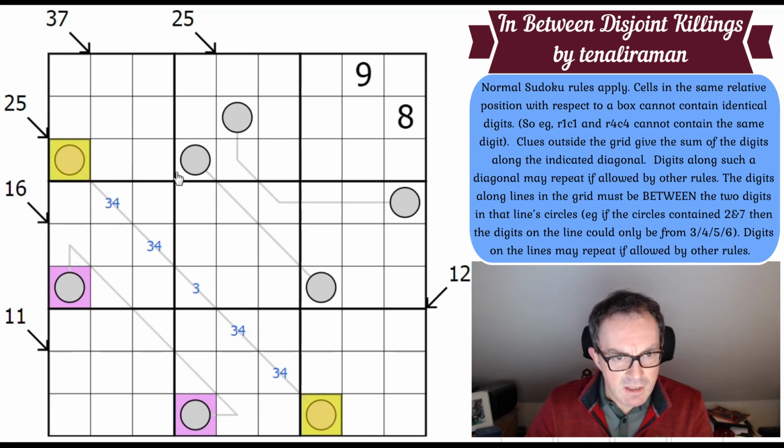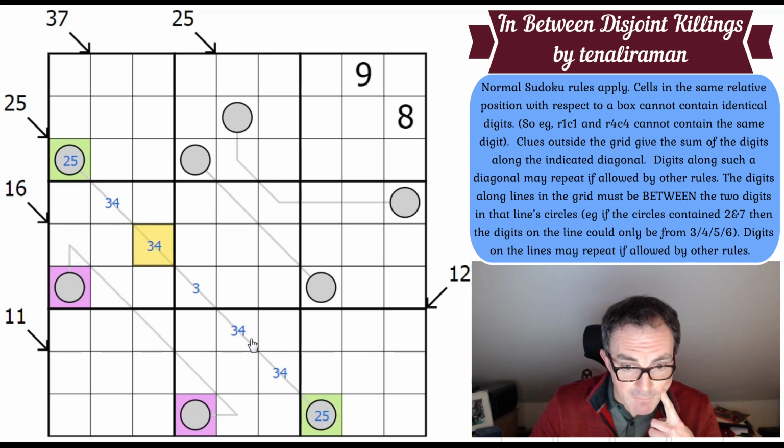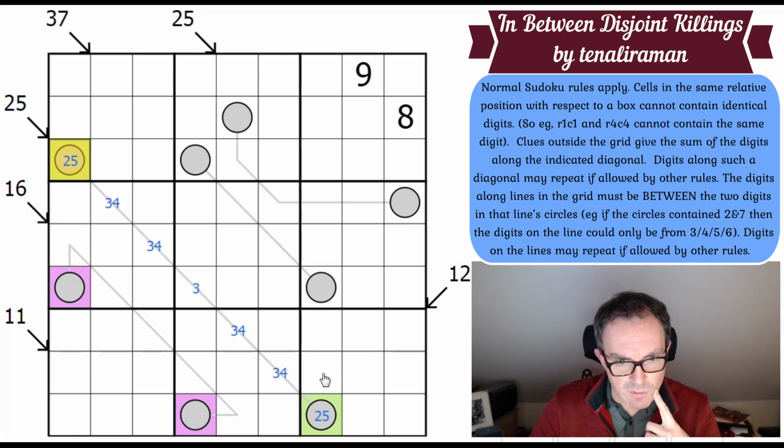So we know one of these sides is a 2, but the other side has to beat the digit 4. So it would have to be at least 5. And I think that gets you to 24. Let me just double check this. We've got 7 here, 14, 15, 16, 17. Yeah, and 7 is 24.